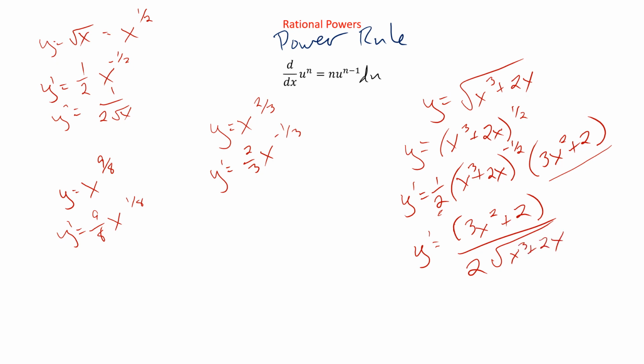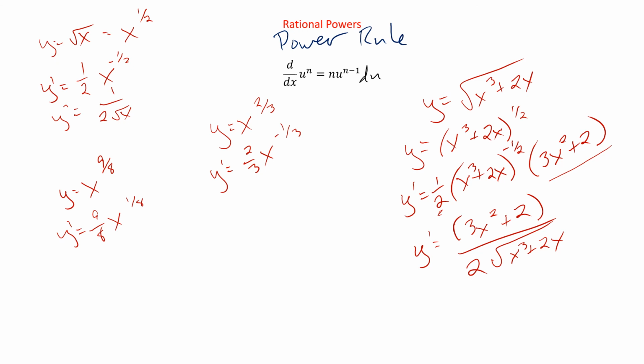So it could get rewritten to be like that. Rewriting it is nice when we have to plug in a number, because when you have something to the negative 1/2, it's hard to think of what that actually means. But if you rewrite it with a square root in the denominator, it's usually a bit easier to figure that out. So for rational powers, you use the power rule just like anything else.